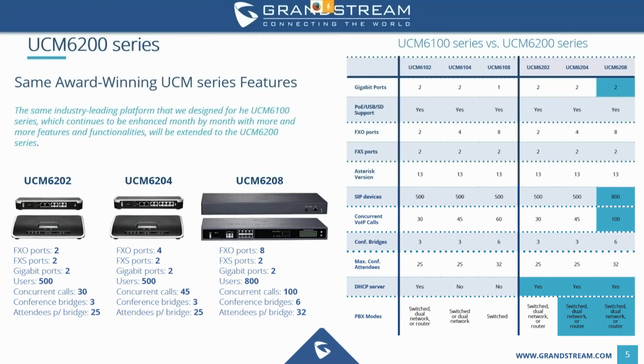We did enhance the 6208, the 8 FXO port version, a little bit to be able to offer you a little bit more capacity than the other 6200 series or 6100 series models. So if you're looking for something that's in between our 61 or 6200 series and the 6510, which I'm going to show you next, that 6208 is a great option. It gives you support for up to 800 users or devices.